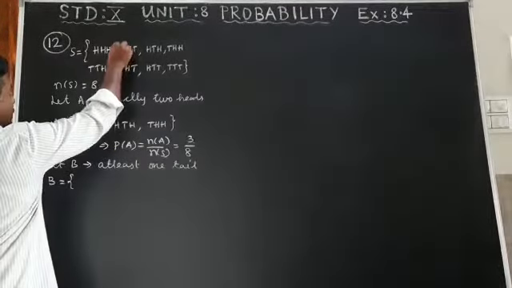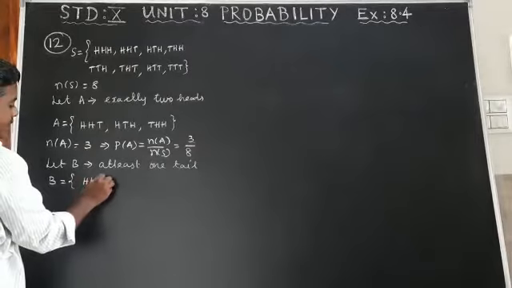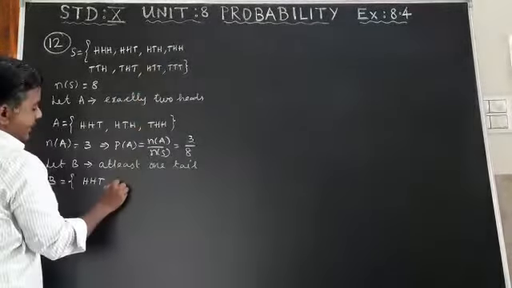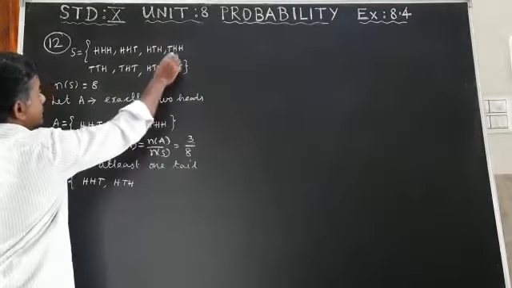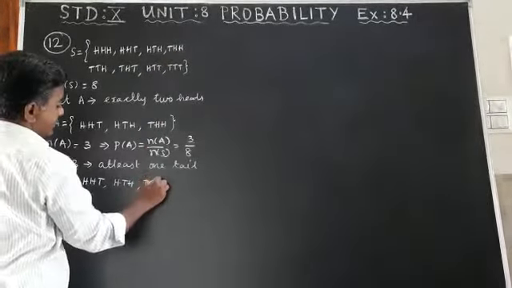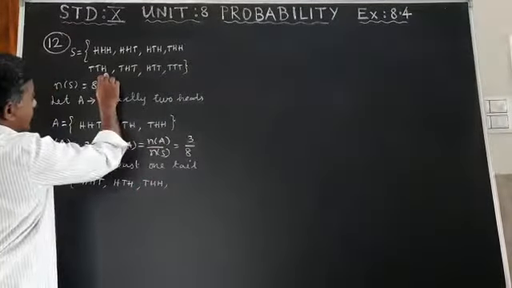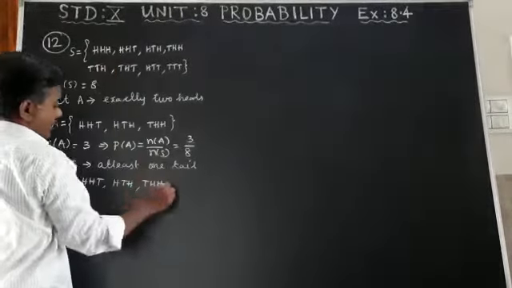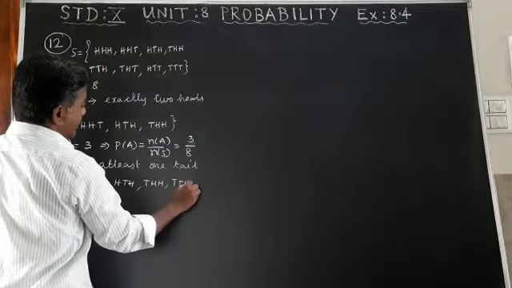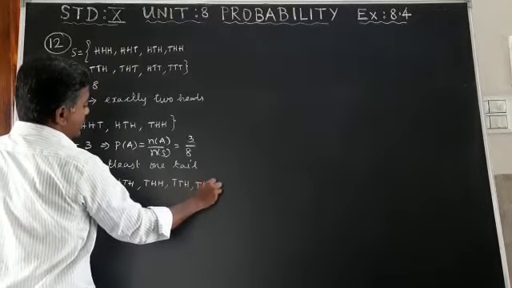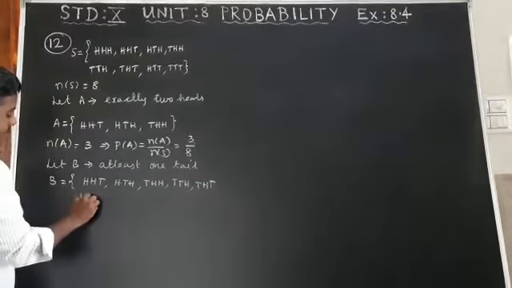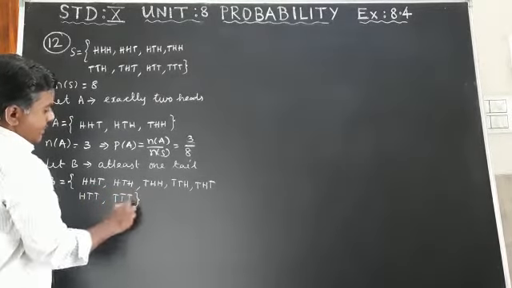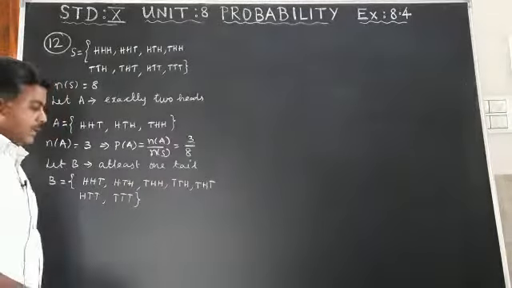TTH, THT, HTT have two tails. TTT has three tails. So one tail or more than one tail can be there.